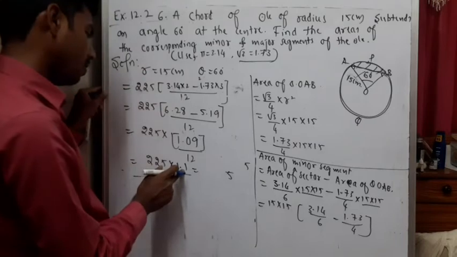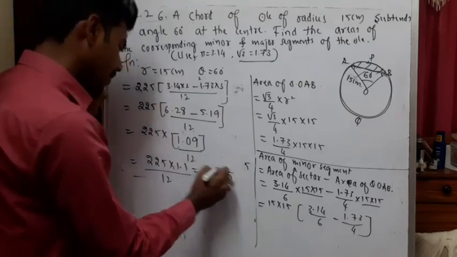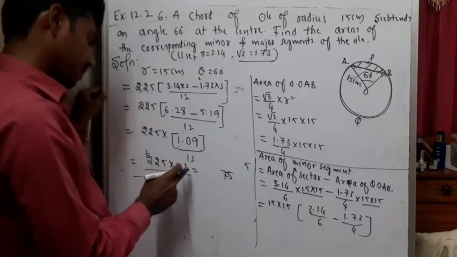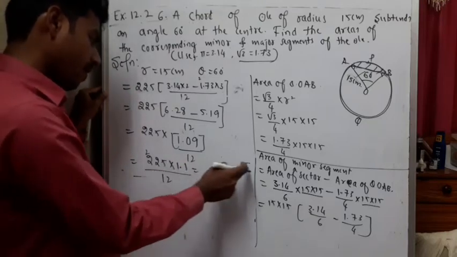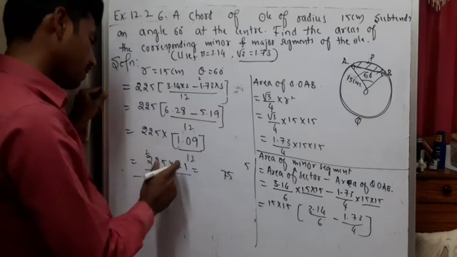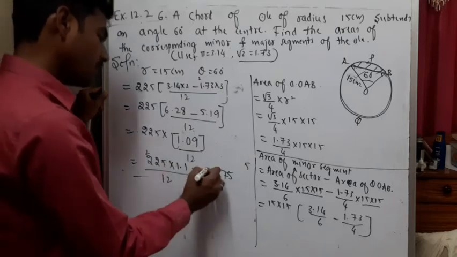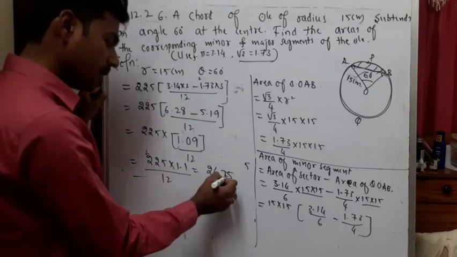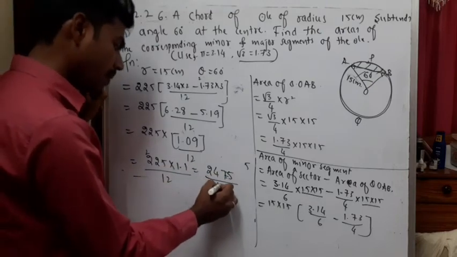So 225 into 1.1 divided by 12, which is equal to 11 5s are 55, carry 5. 11 2s are 22 plus 5, 27, 2 carry. 11 2s are 22 plus 2, 24. After decimal, 1 digit should be there, divided by 12.